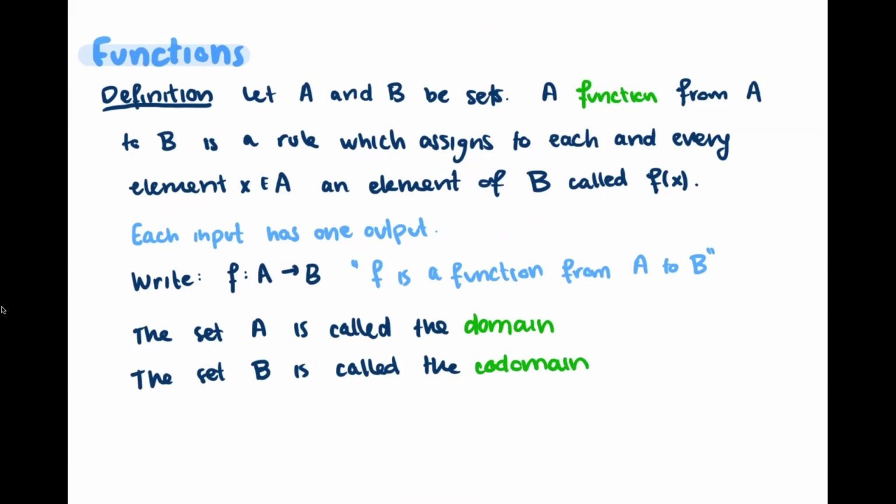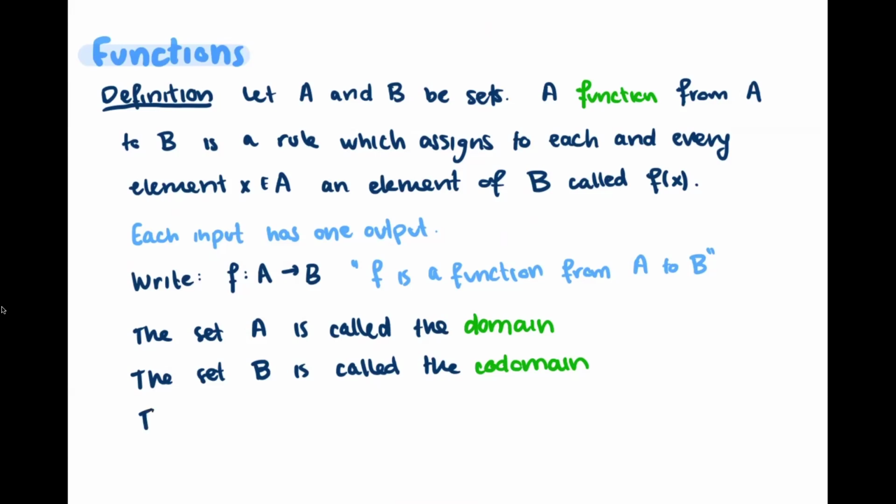And then there's one other set that we care about, and that is the set of outputs of f. So that's a little bit different from just the codomain, because basically the idea is the codomain is just any target set, like we're just gonna spit out numbers and I just want to write down a set where those numbers live. The other set that we're going to talk about is the range, which is the set of actual outputs of f, which is always going to be a subset of the codomain.